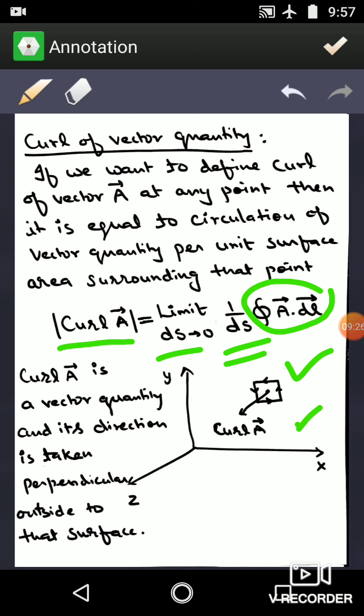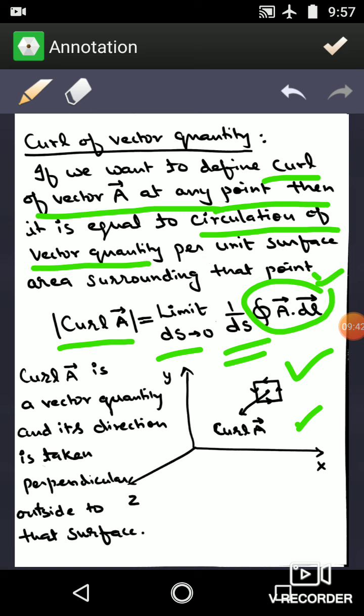Therefore, curl of a vector at any point is equal to the circulation of the vector quantity per unit surface area surrounding that point, where the surface area should be taken infinitesimal.